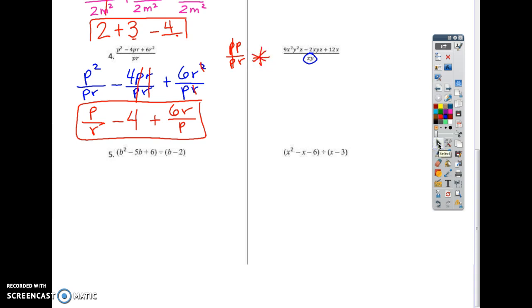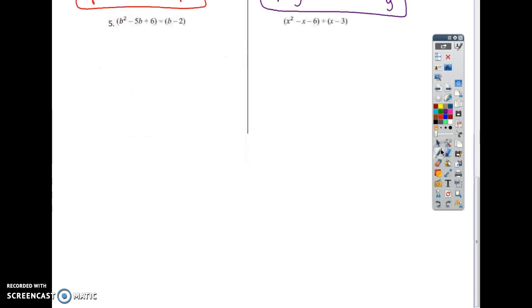Pause the video. Okay, so now that you finished all of those on the right side, we're going to do something with 2 things. We're dividing by a binomial, okay? So this is a trinomial divided by a binomial. And if you remember, we were multiplying 2 things just the other day, and it gave me this long thing.